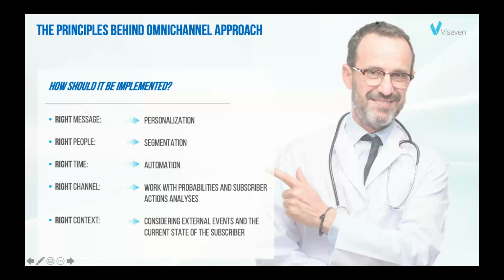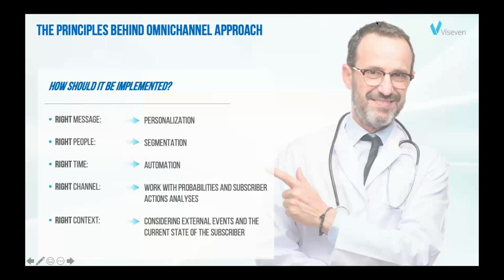Right time. Right time is all about automation, because it's really hard to manually send different messages to these people, to this small group, or to this particular HCP. In this matter, technology is helping us right now. For example, in really advanced marketing automation tools, like Salesforce Marketing Cloud, Adobe Campaign, and so on, there is, for example, a thing in Journey Builder like send time optimization.